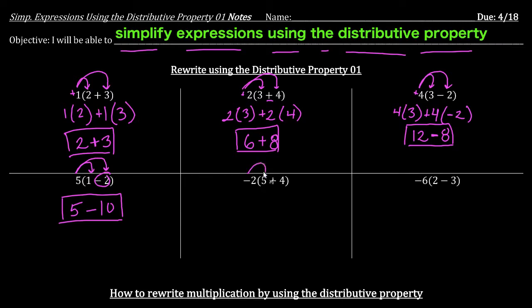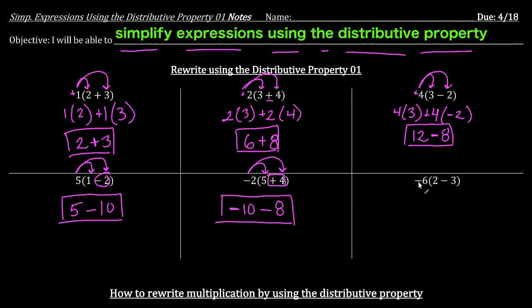A negative times a positive is a negative. 2 times 5 is 10. Remember, this 4 has a positive value, so a negative times a positive is a negative, so I'm going to write minus. 2 times 4 is 8. Negative 10 minus 8.